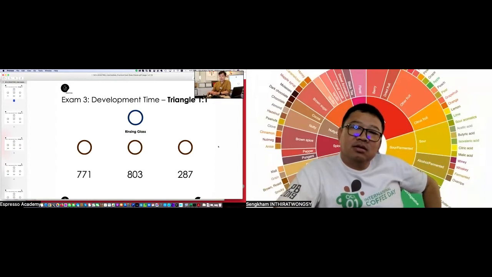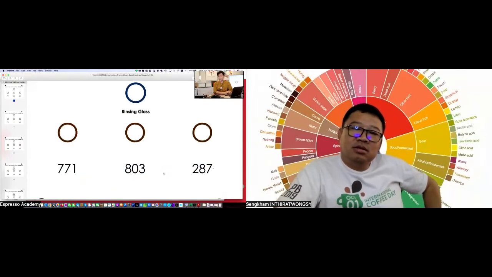If I suddenly put this number 777 on the left, 222 on the right, and in the middle it's 803, hey, there is a repeated number and a non-repeated number, maybe the center cup is different. That's why we need to randomize the numbers. Everything has to be randomized.